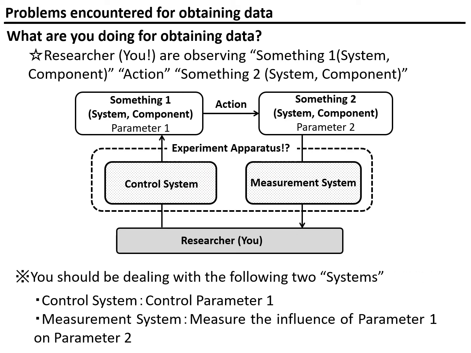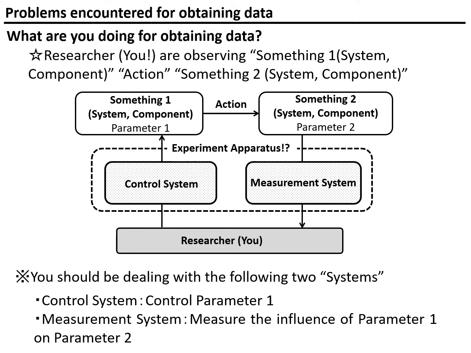Then, to realize this, you are observing something one acting on something two. So what you need to do is control parameter 1 of something one, and measure the outcome of the change of parameter 2 as a result of the change of parameter 1.